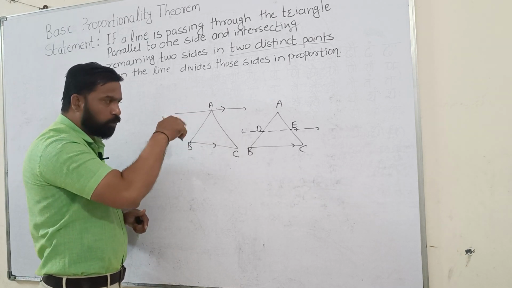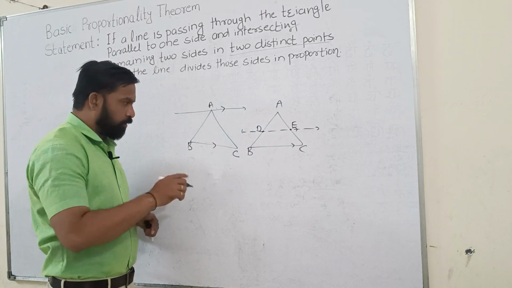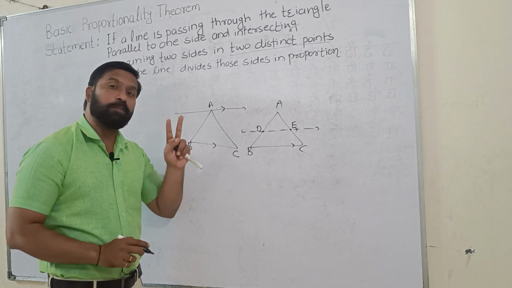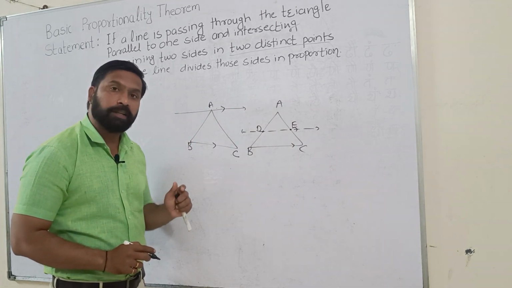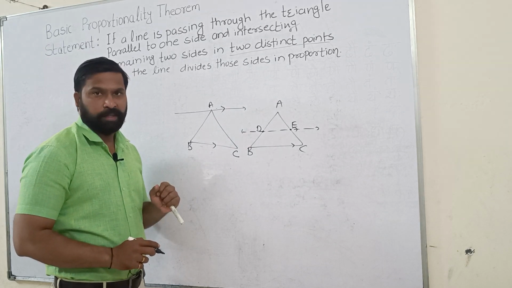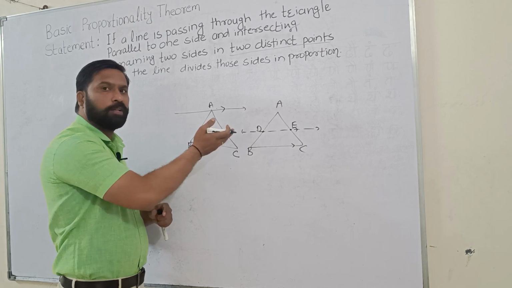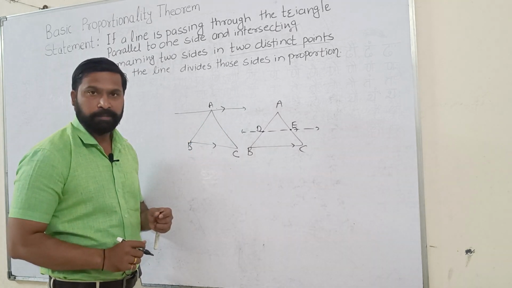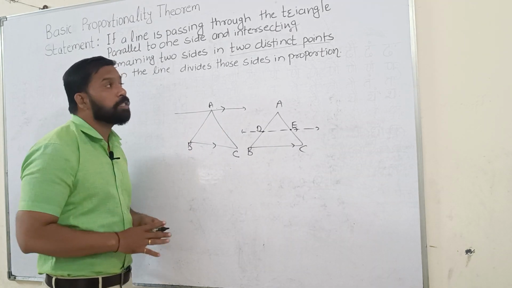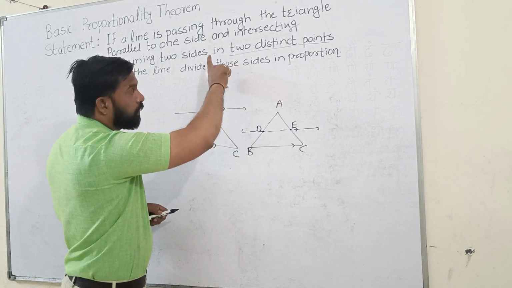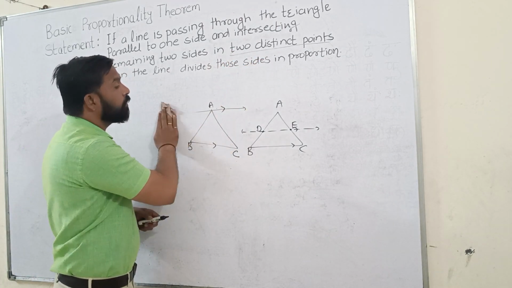Obviously, it is passing through AB as well as BC. It means it is intersecting both the sides, but in one point. And in this way, we cannot show that their ratios are equal or they are in proportion. Can we show? No. That's why it is necessary to tell that it intersects them in two distinct points.